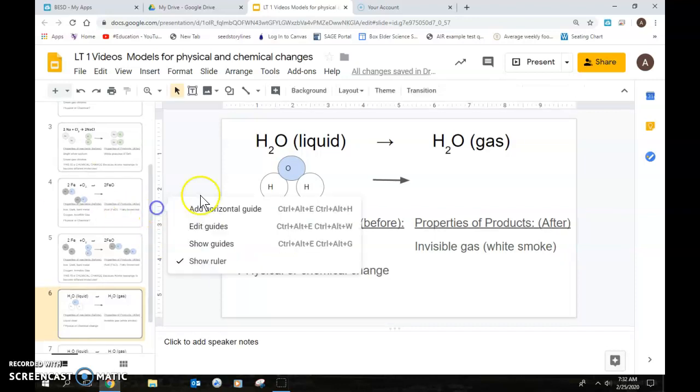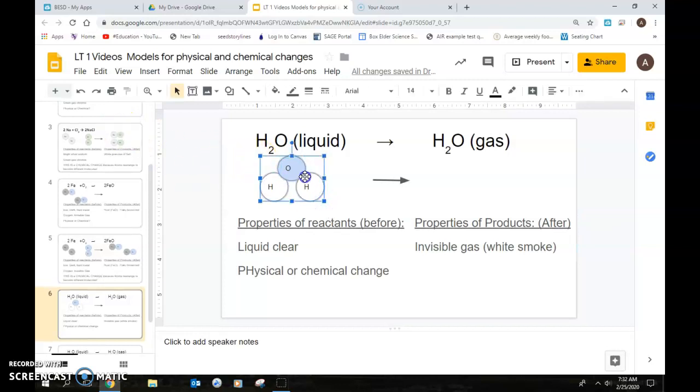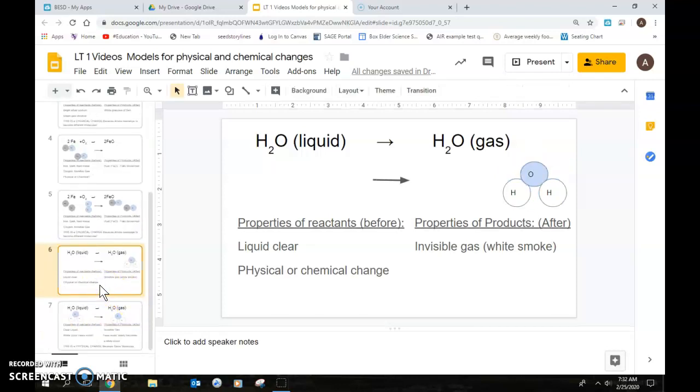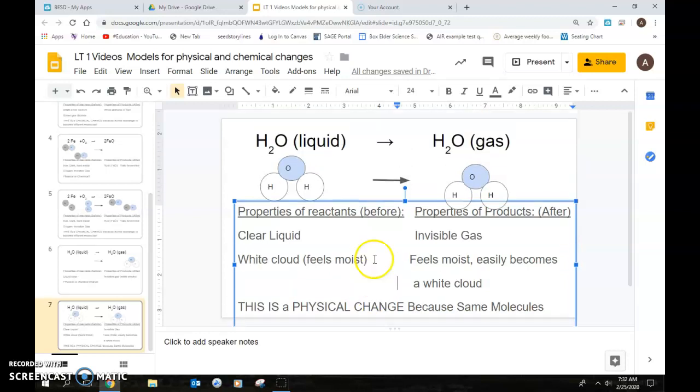So what's going to happen? If you have H2O as a liquid and it turns into H2O as a gas, this molecule just moves around a little bit faster and a little bit more spread out. So it's still H2O. So is that physical or chemical? It turns out, when you look at it, that because the molecules are the same, it is a physical change.